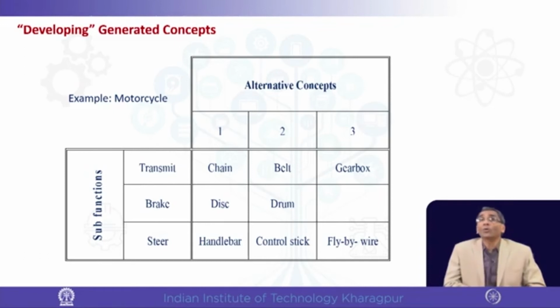Now, what are the alternative concepts for transmission? The chain, belt, gearbox, as I said a little while ago. Brake, it may be disc brake, it may be drum brake. For steering, it may be handlebar, it may be control stick, it may be fly by wire. So, these are the alternatives possible. All right, we will come back to that.